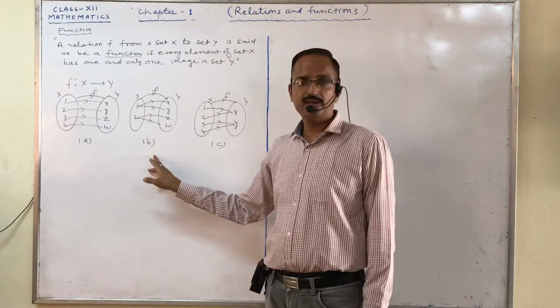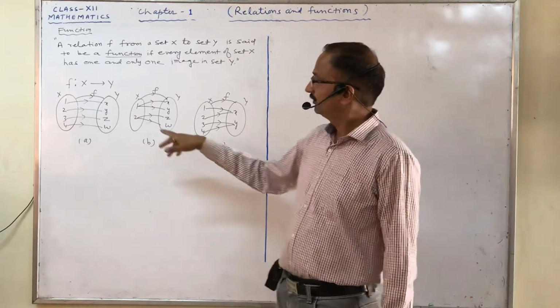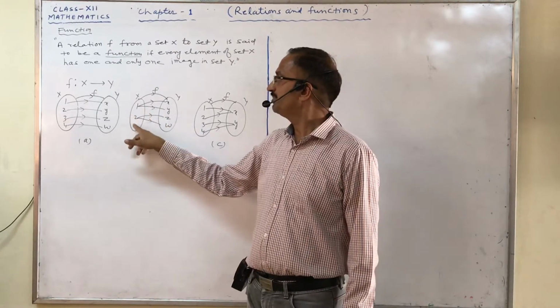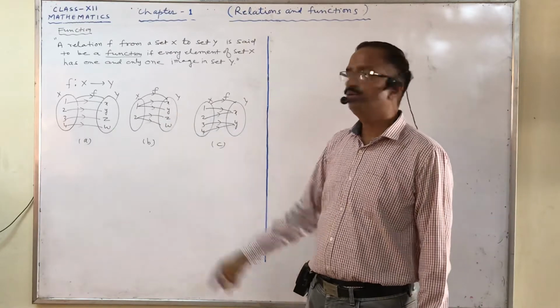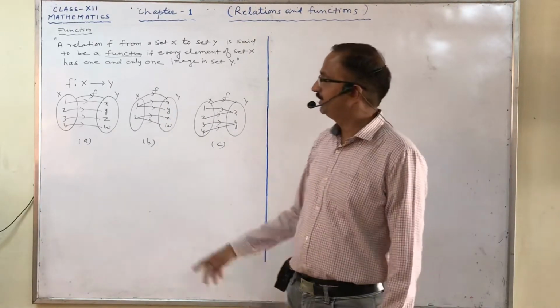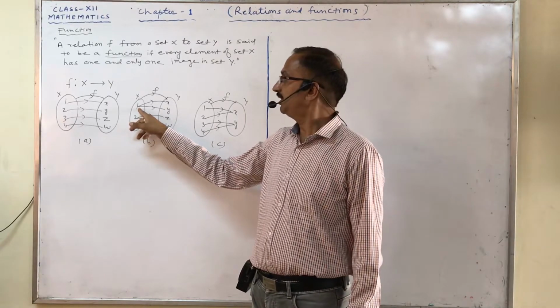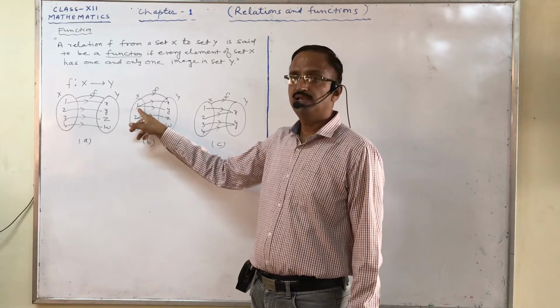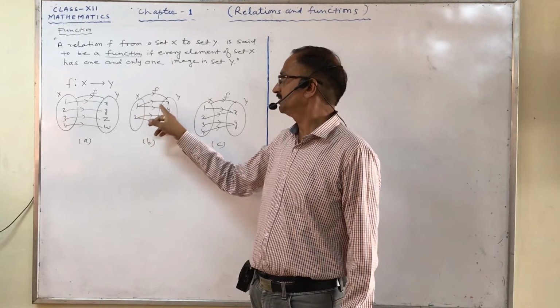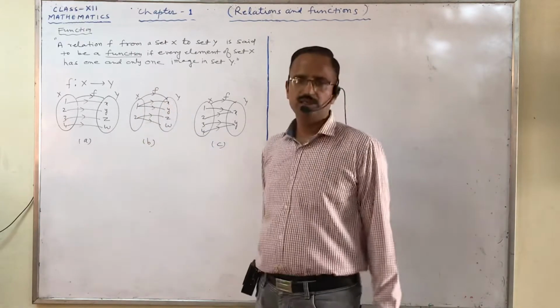In ray diagram B, set x has 2 elements and set y has 4 elements. But here element 1 of set x has 2 images, x and y.